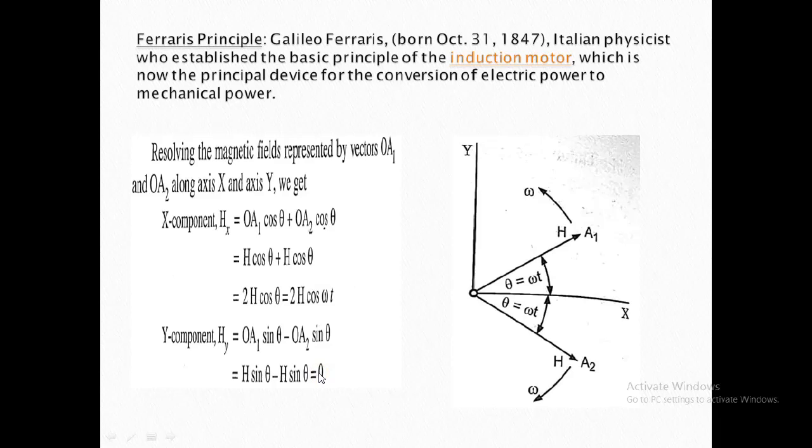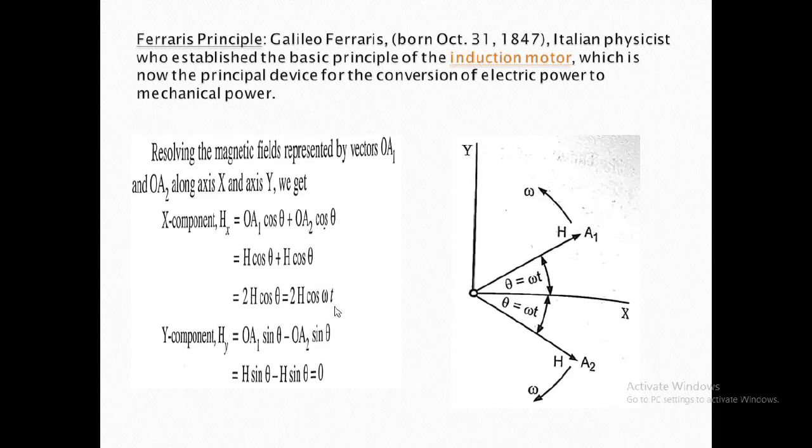From this study, students, it is very clear that the resultant magnetic field is 2h cos omega t along the x-axis, and along the y-axis it is 0. Okay, so it is therefore clear that two rotating magnetic fields traveling in opposite directions with the same angular velocity result in an alternating field of twice their amplitude.